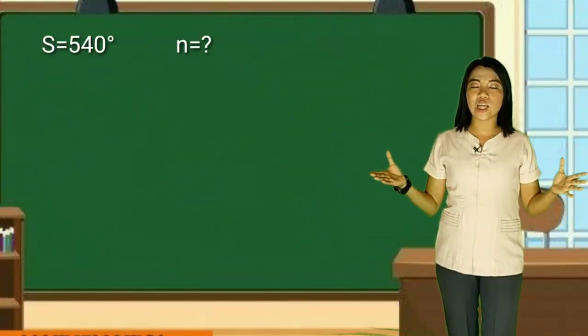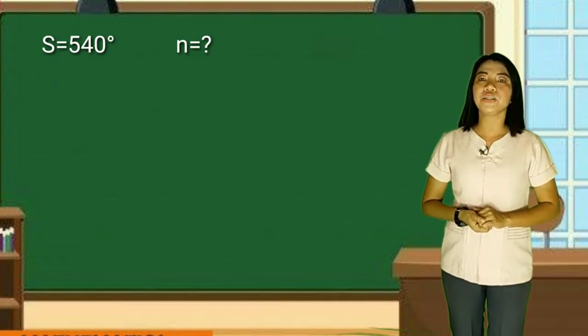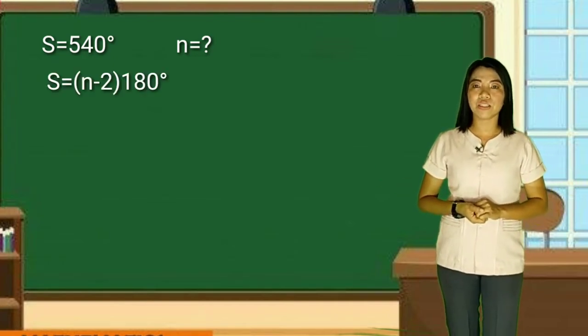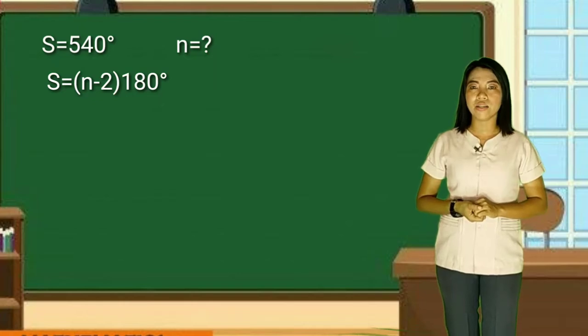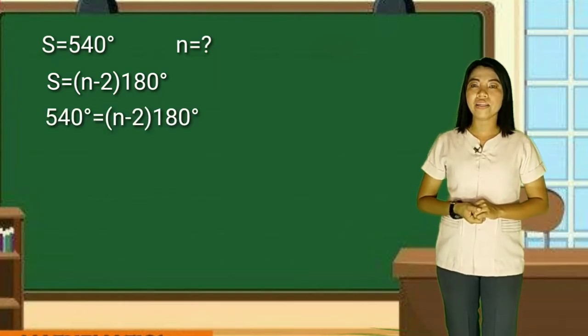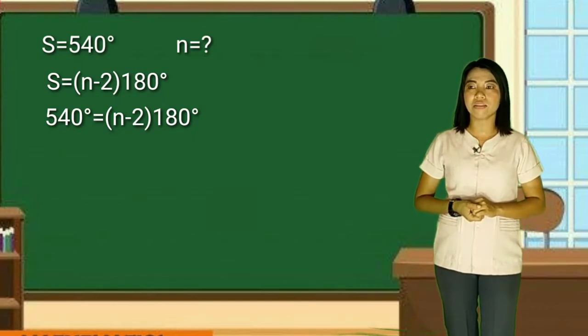Let's try S is equal to 540 degrees. Find n. Using the formula, S is equal to the quantity n minus 2 times 180 degrees, you substitute the value of S, that is 540 degrees is equal to the quantity n minus 2 times 180 degrees.